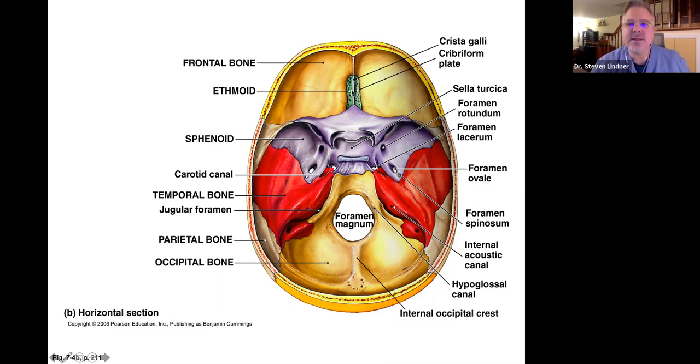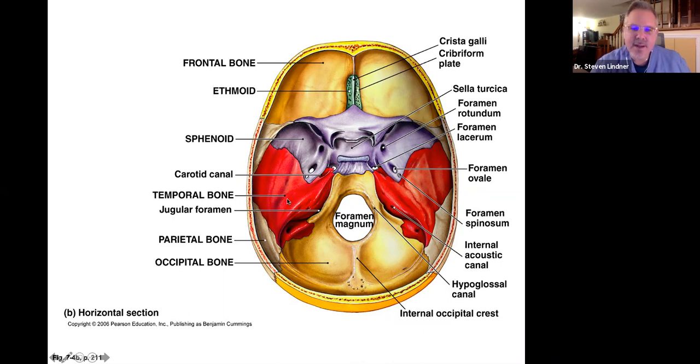We can see the crista galli. We can see the cribriform plate, which are all the perforated holes where the olfactory nerve travels through. We can see the foramen magnum with the hole here and here. That's the hypoglossal canal. Here is the internal acoustic canal.